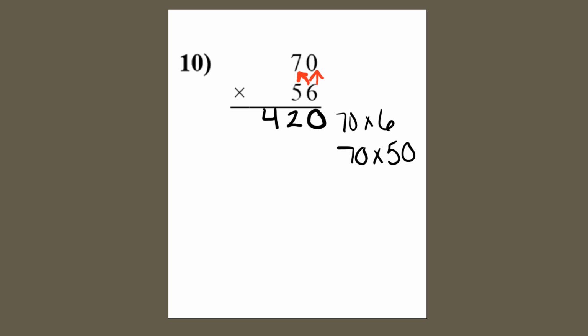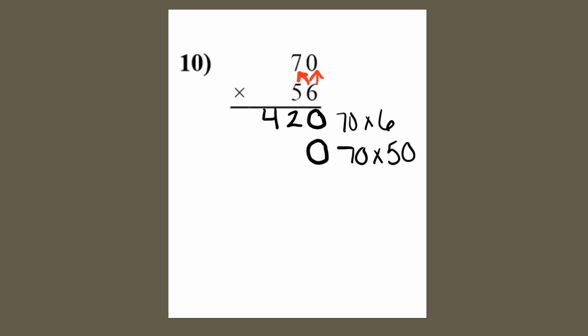Okay, now I'm going to do the 5 because I'm done with the 6. But looking at 70 times 50, we've learned to take out a 0, and that 0 is our placeholder. So I'm going to put that placeholder in there so that all I have is 70 times 5.